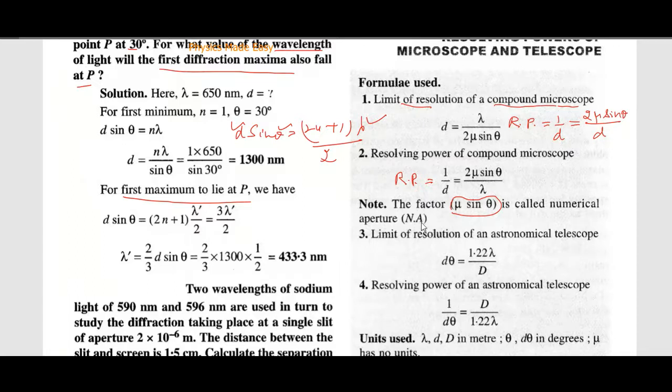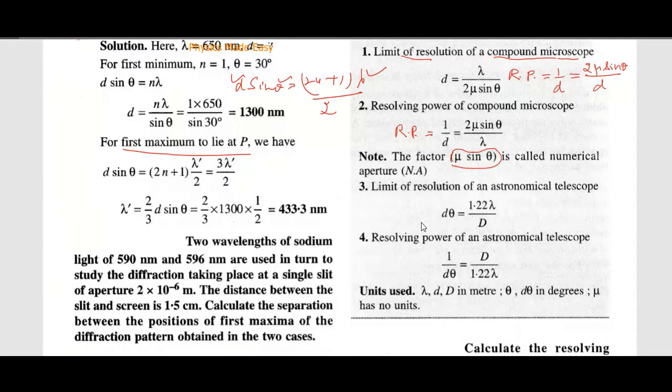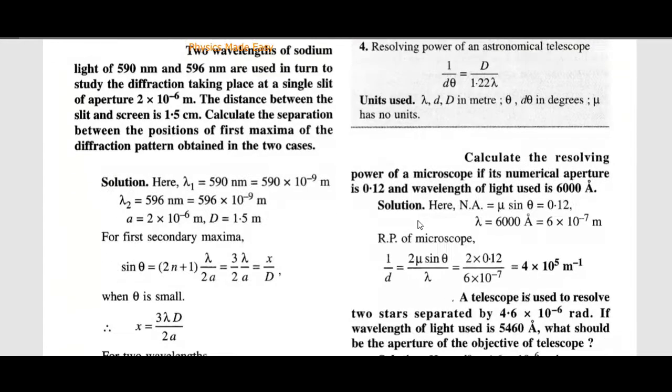Limit of resolution is opposite of resolving power. It is distance d in case of compound microscope, and angle d theta is limit of resolution, 1 by d theta is resolving power. It is the case of telescope. D is limit of resolution and 1 by d is resolving power. This is the case of a compound microscope.